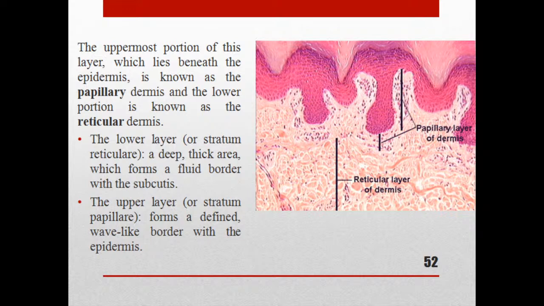The lower layer, or stratum reticulare, is a deep thick area which forms a fluid border with the subcutaneous tissue. The upper layer, or stratum papillare, forms a defined wavy border with the epidermis.